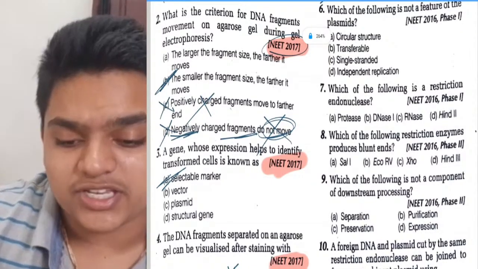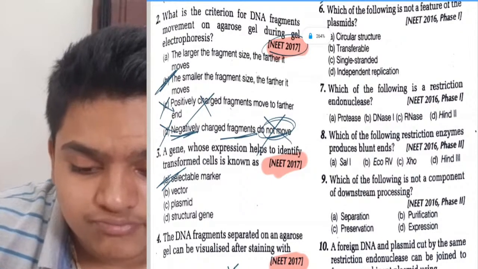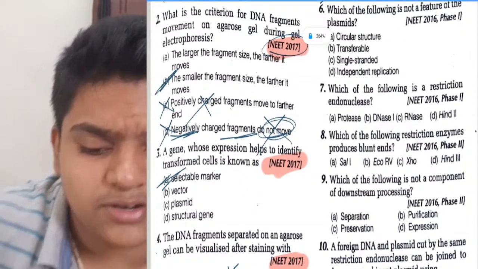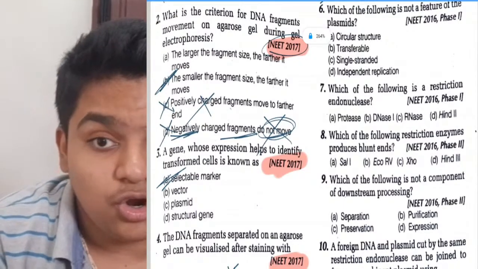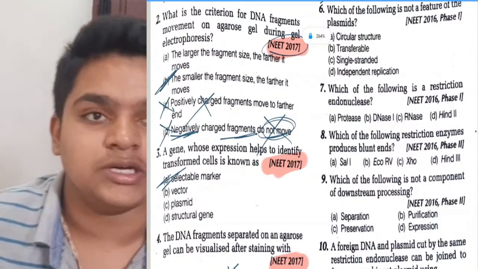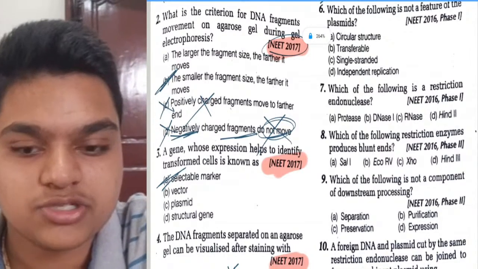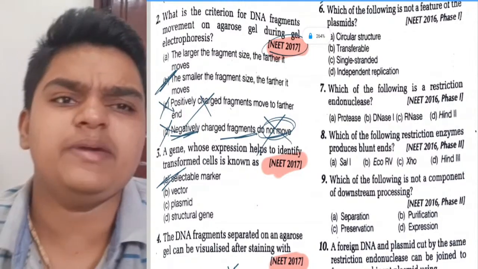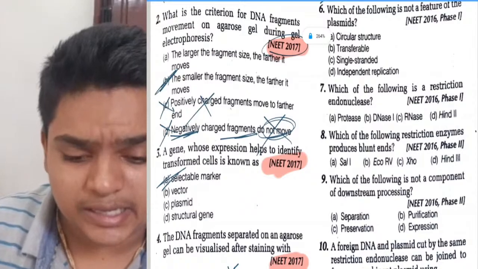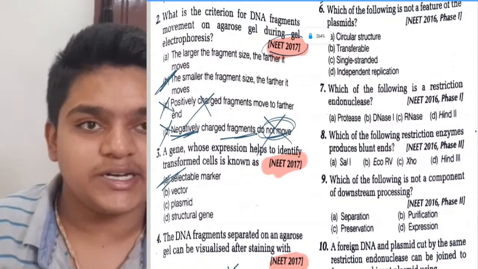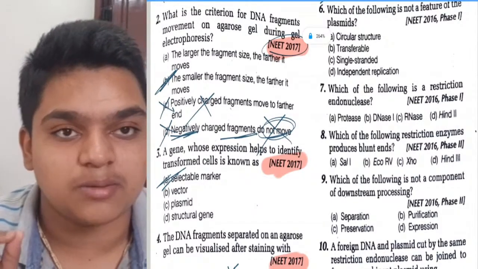Now, ninth question. Which of the following is not a component of downstream processing? Come on, tell me. It's very easy. Expression. It is not a component of downstream processing.